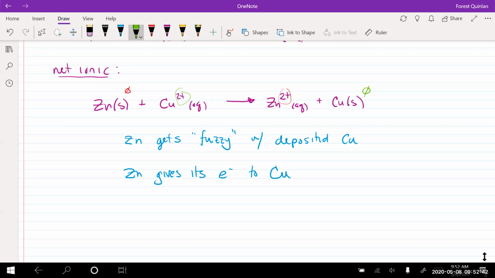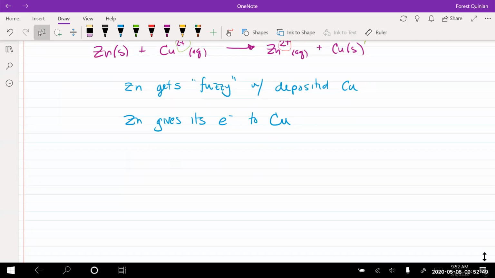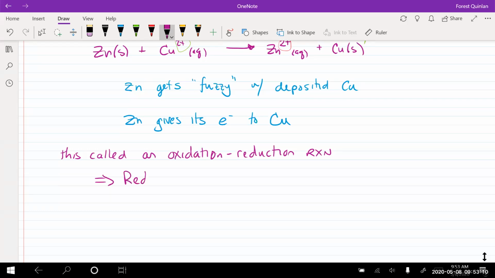So when we look at this, this is called an oxidation reduction reaction, commonly called redox for the obvious things here.